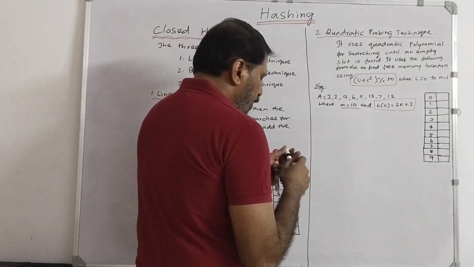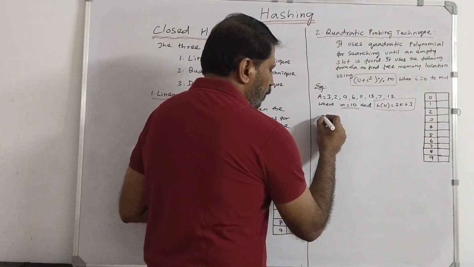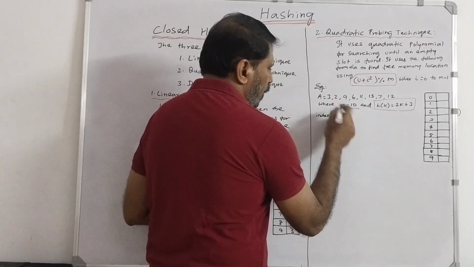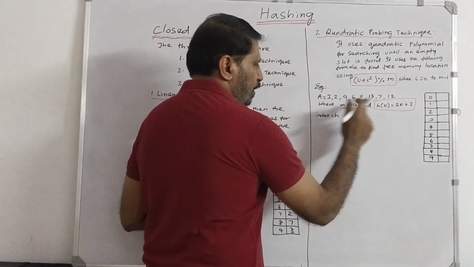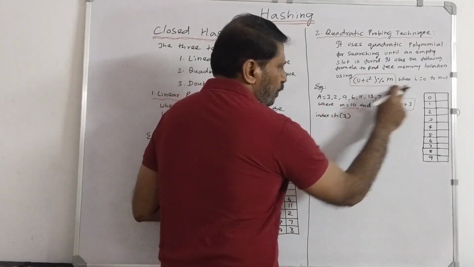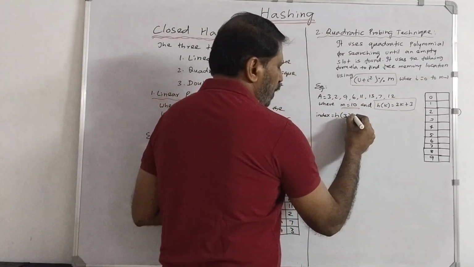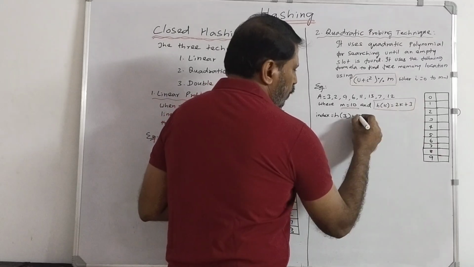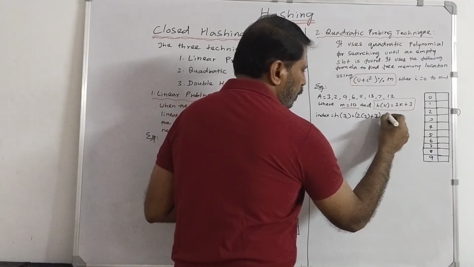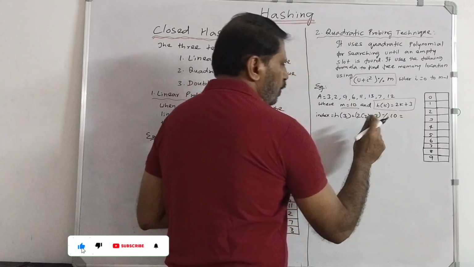In quadratic probing, we are going to find the index of each and every number given here. We call each one a key. So h of 3, what is it? We are using this formula: h of 3 equal to 2 into 3 plus 3 modulo 10. Actually the formula is modulo m.